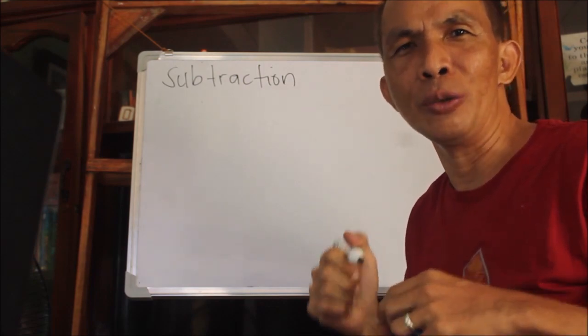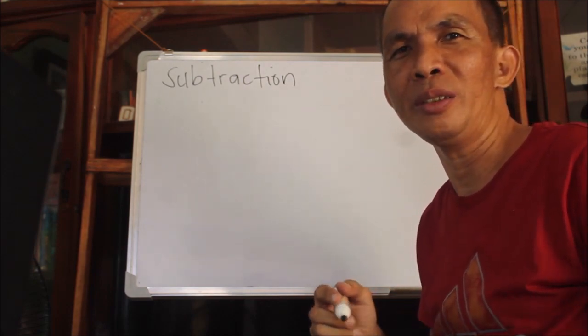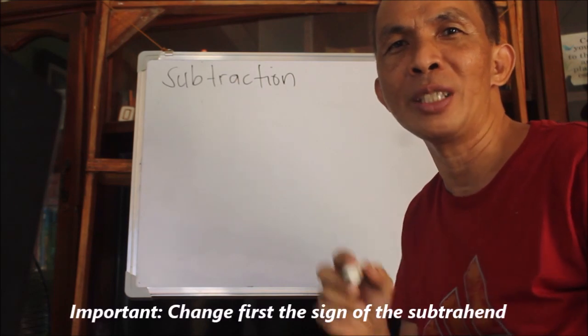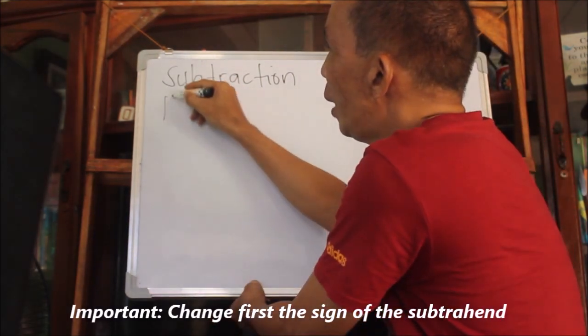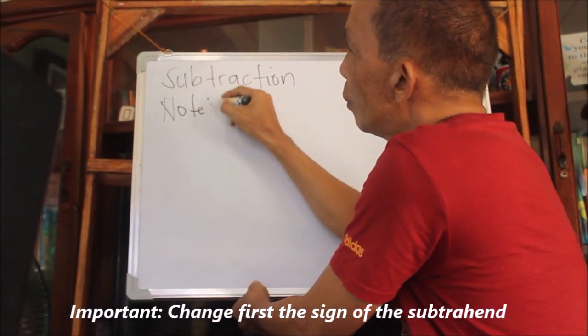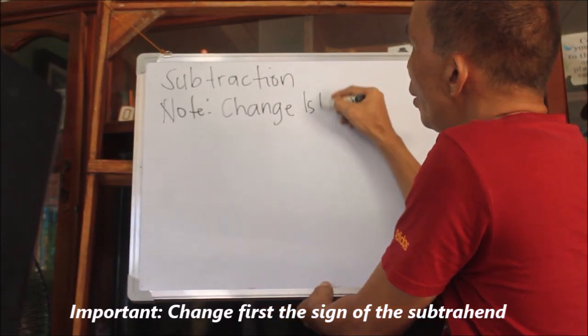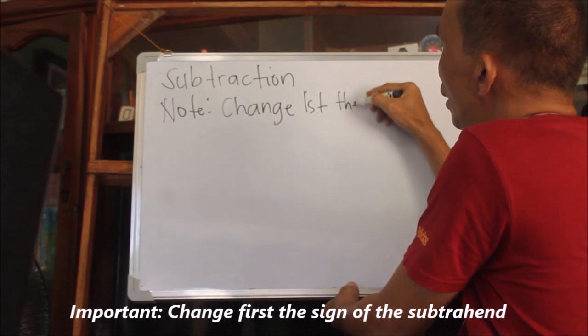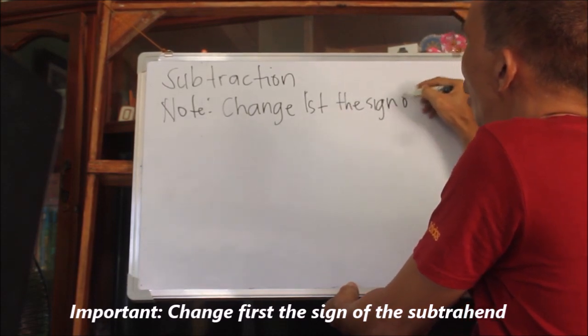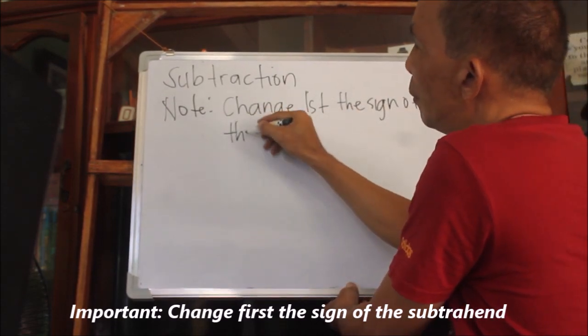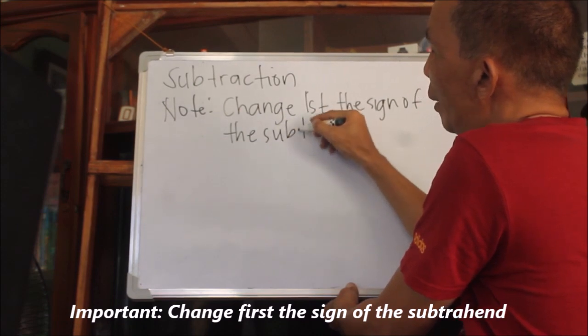The first thing to do in subtracting signed numbers, do not forget to change first the sign of the subtrahend. Okay? Note, change first the sign of the subtrahend.